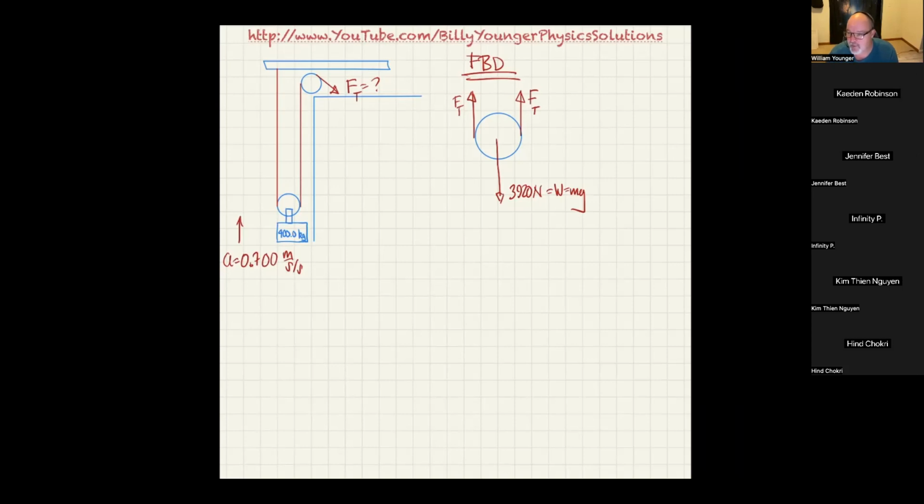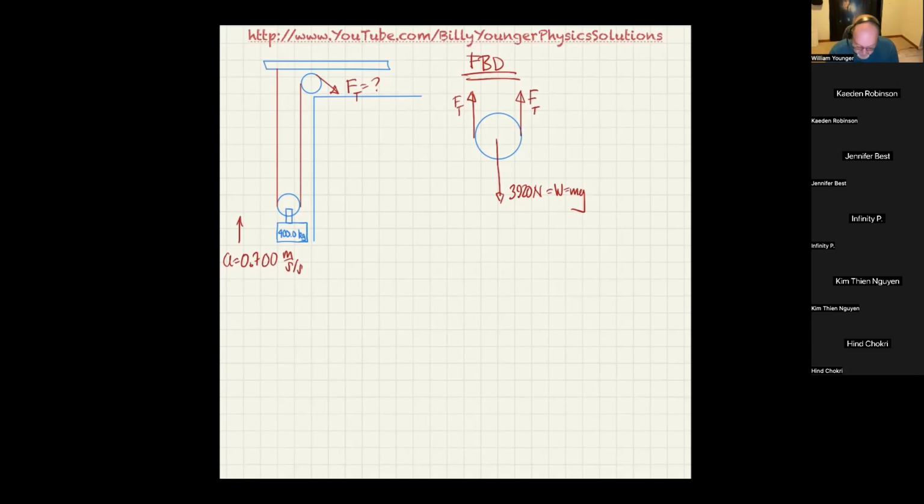And that's always going to be the case if the pulley is massless and frictionless. Okay. If it's got friction or it's got mass, then one of those tensions has to be bigger than the other because one's got to rotate the pulley in addition to all the other stuff that the rope is doing.